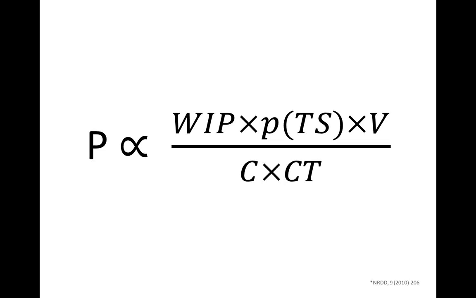So this is a problem, and before actually looking at how we can improve productivity, we need to define what productivity actually is. Productivity can be defined by this rather simple equation, called the pharmaceutical value equation. Productivity is proportional to the work in progress, that's all the projects conducted simultaneously at a pharmaceutical company, times the likelihood of technical success, times the value that research creates for a company, divided by the cost and the cycle time.